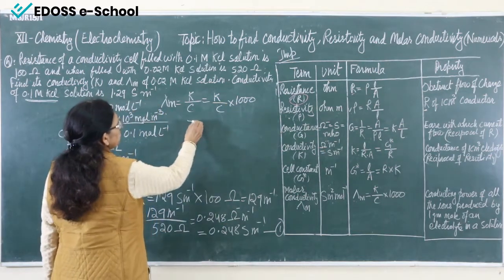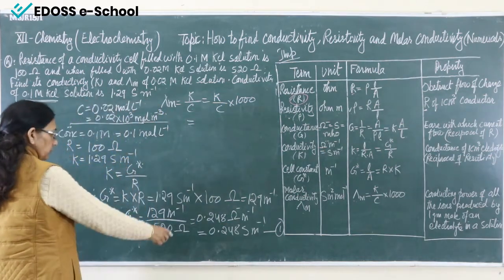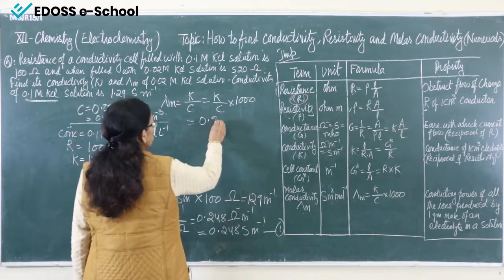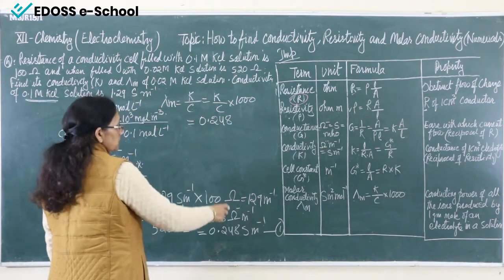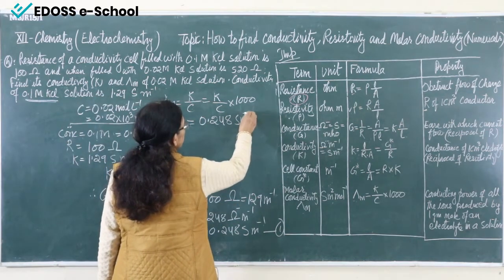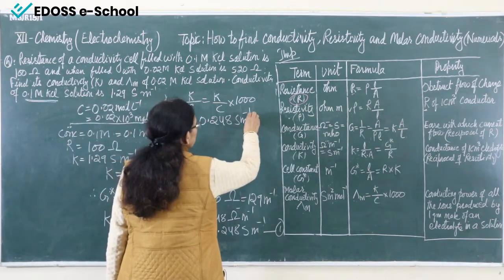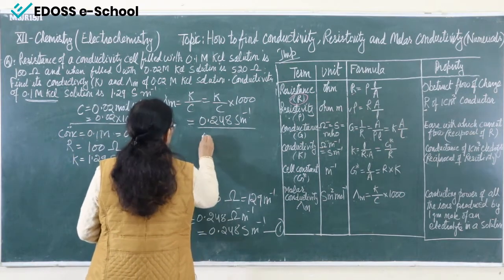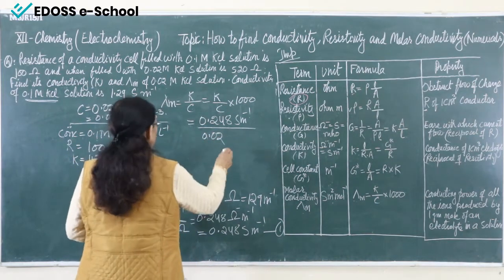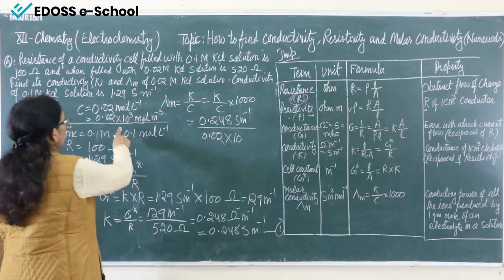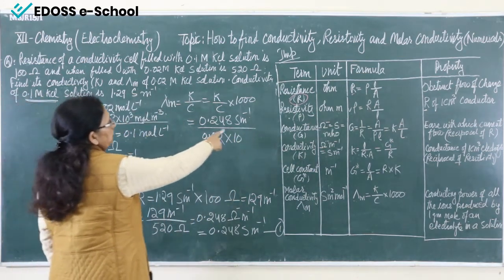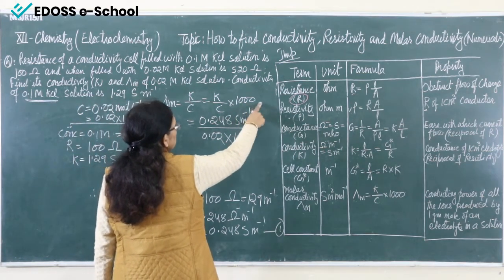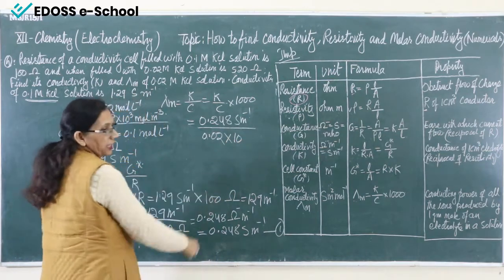So now you can put here, K is already given to you, this is 0.248 Siemens per meter, and C is given to you, this is 0.02 into 10 raised to... Either put it directly, or if you are putting this 1000 here, then you don't have to put this sign here.